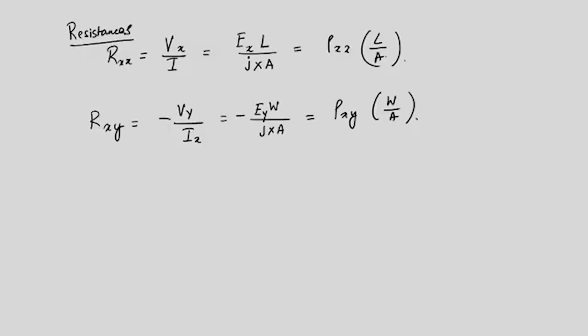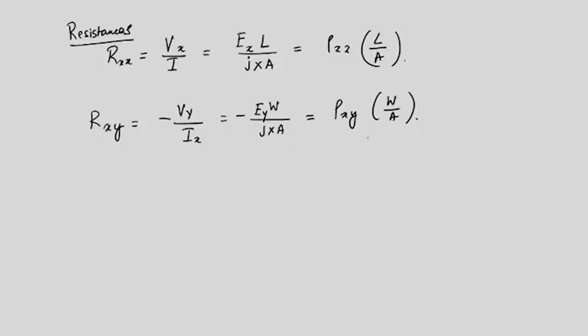Of course, if you change L by A and multiply, say, L by a factor of 2 and divide A by a factor of 2, then of course this ratio goes up by a factor of 4, which means that the Rxx will be 4 times rho xx. Okay. So, they are not the same. So, you need that scaling factor by knowing the dimensions of the sample that you are dealing with.